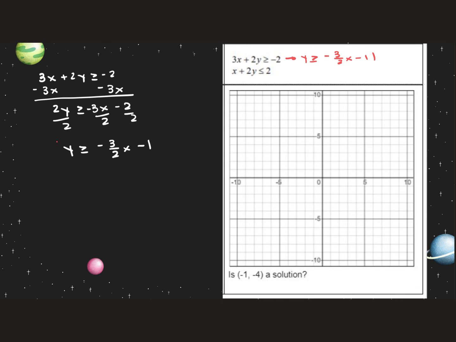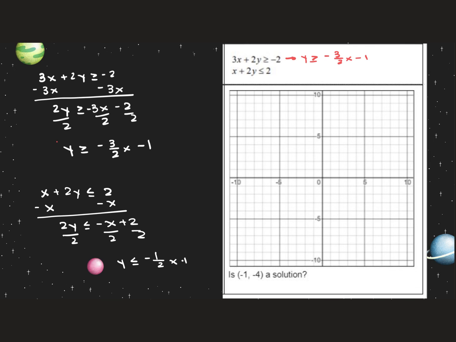And then my second inequality, I apologize: x plus 2y is less than or equal to 2. Subtract x from both sides. 2y is less than or equal to -x plus 2. Divide both sides by 2. And I get y is less than or equal to 1/2 x plus 1. And I'm going to graph that in blue.